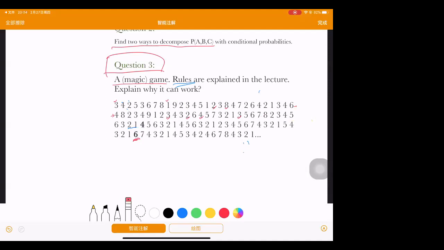Next time you can also play this with a deck of cards. Just reshuffle the cards, and you follow the value of the first card. Let's say you consider JQK as 10. Maybe 10 is too much. And then if you arrive on a 5, you throw out 5 cards, then you see what's the next number, and you go through that process, and finally you will have a fixed determined card.